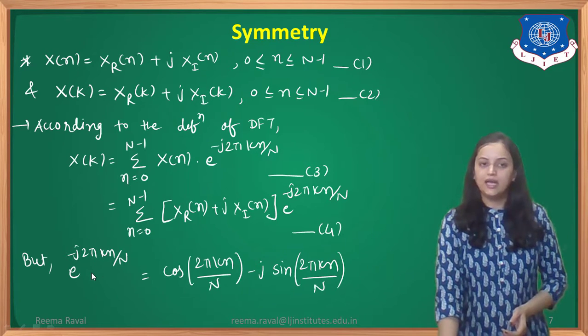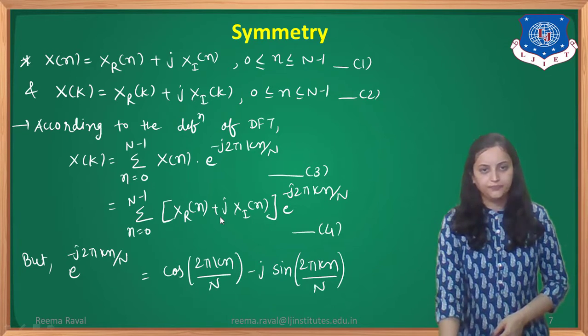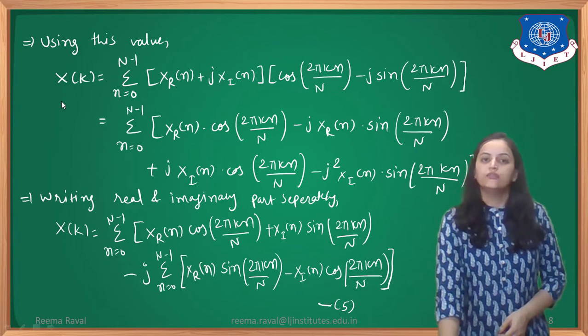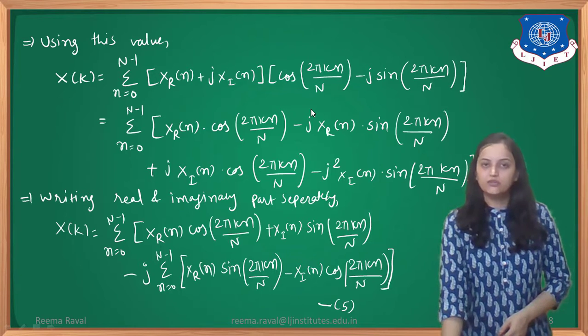So here if we take theta equal to 2 pi kn by N, we will get cos 2 pi kn by N minus j sin 2 pi kn by N. So using this, we will get x of k equal to this term. That means here we have used e raised to minus j theta equals cos theta minus j sin theta. This term will remain the same.